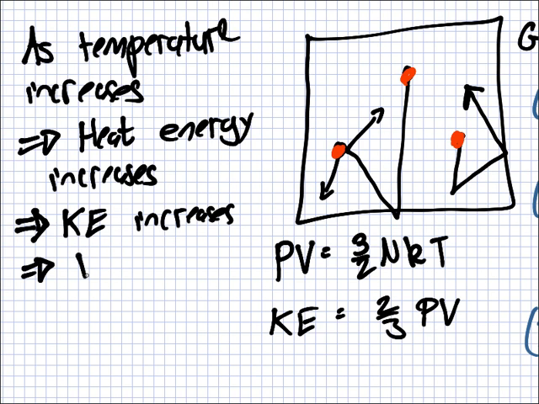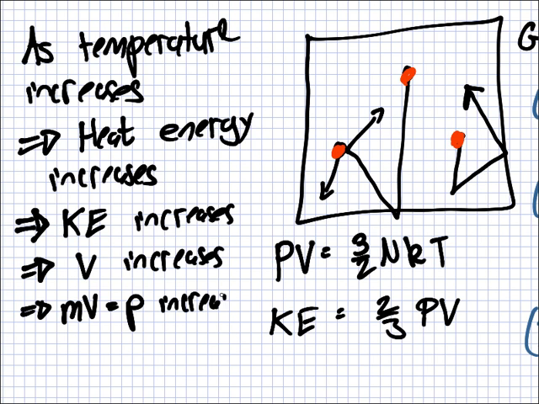Kinetic energy increases means the V increases, the velocity. If the V increases, the mv, which equals the P, increases. Which means the delta P with the wall increases.